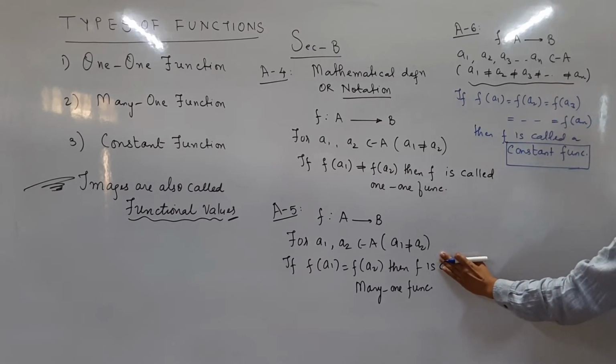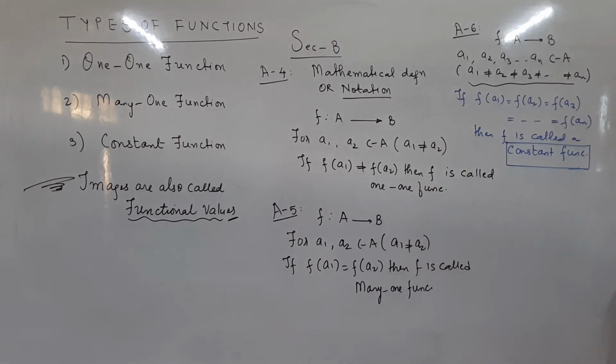This is the mathematical definition of many-one function, and this is the mathematical definition or notation of one-one function. So once again, this is a thorough revision of the definitions of types of function.